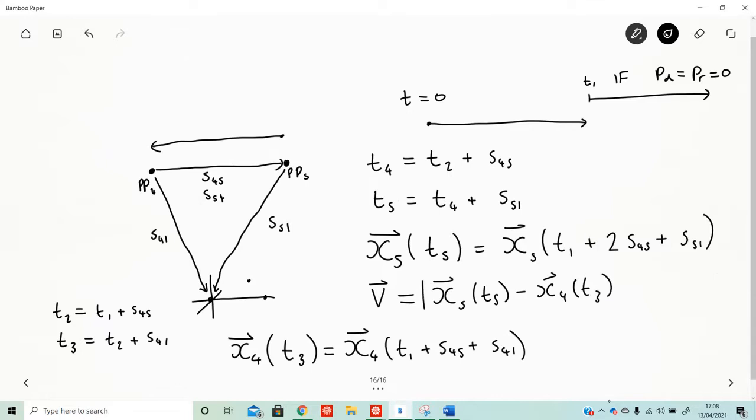And then we take the norm of that and we divide it by the time difference. So that would be 2 t3 t5 minus t3.